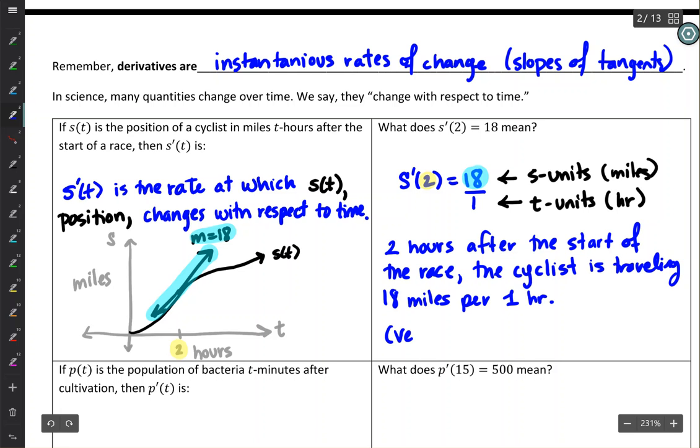We have a special name for the rate at which position changes with respect to time, and that's velocity. Velocity is 18 miles per hour.